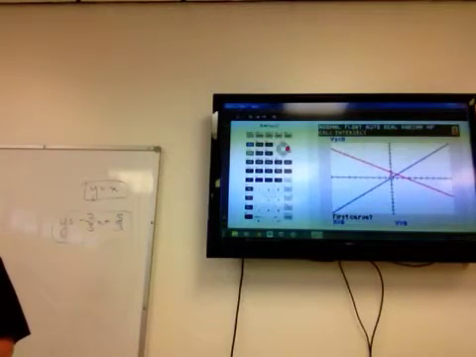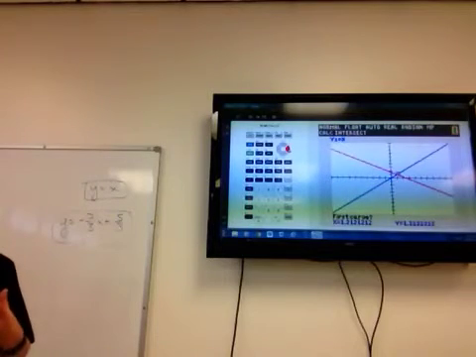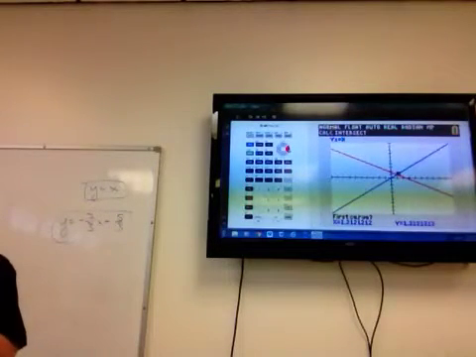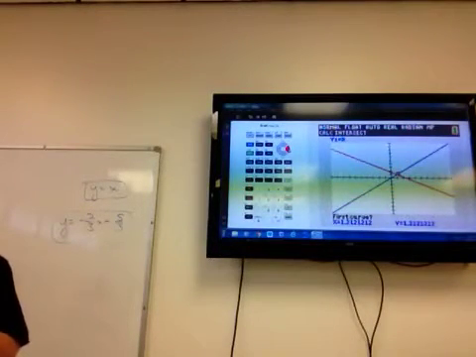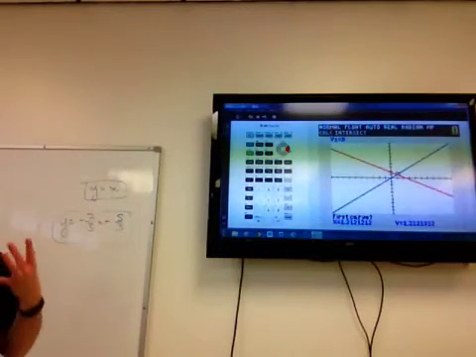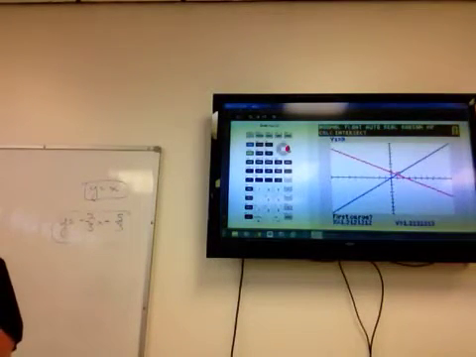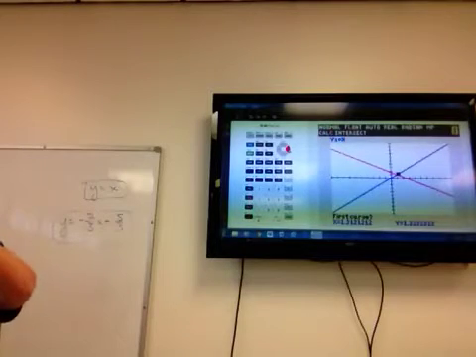Move your cursor. Now this would be a good time for me to tell you that if you don't move the cursor, it's still going to work. It's a good habit to be in, because sometimes it doesn't work depending on what you have graphed. It's going to work for us every time, because how many points of intersection are we going to have at most? 1.